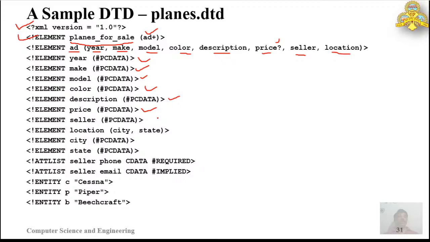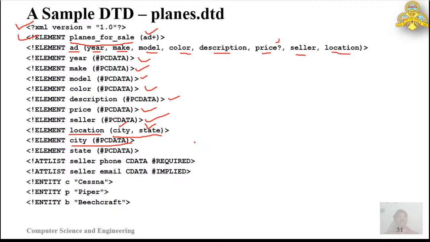Seller is a leaf node, but location is internal, so it contains a further list of child nodes, and we are specifying city and state. City is a leaf node, it does not contain any other list of child nodes, and likewise state.